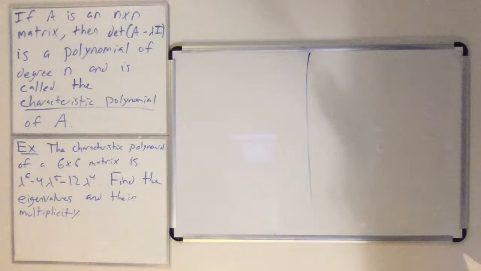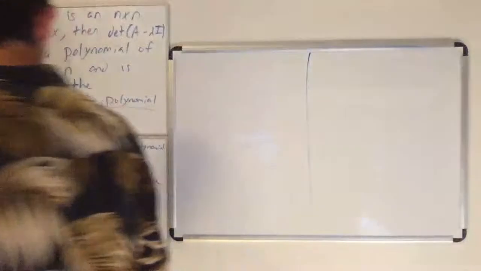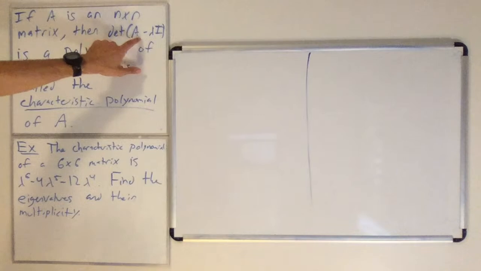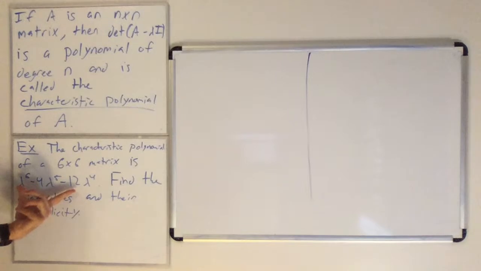Okay, maybe we're not sure. Remember, to get the eigenvalues, we set the determinant of A minus lambda I equal to 0. So we would set our characteristic polynomial equal to 0 and try to solve. Yeah, exactly what Taylor said. So we'll solve for lambda, and the way we'll do that is by factoring, and then the power of each of the factors is their multiplicity.